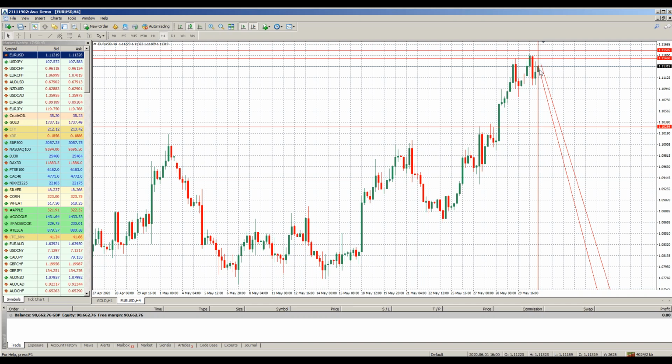So if this reverses, you could have a drop of, what's it at now? 111.32 all the way down to 110.29. We're talking 100 pips potential profit if you took a sell and it dropped to that support level down there. 100 pips potential profit compared to risking what, maybe 20 pips, 25 pips to get above all this resistance.